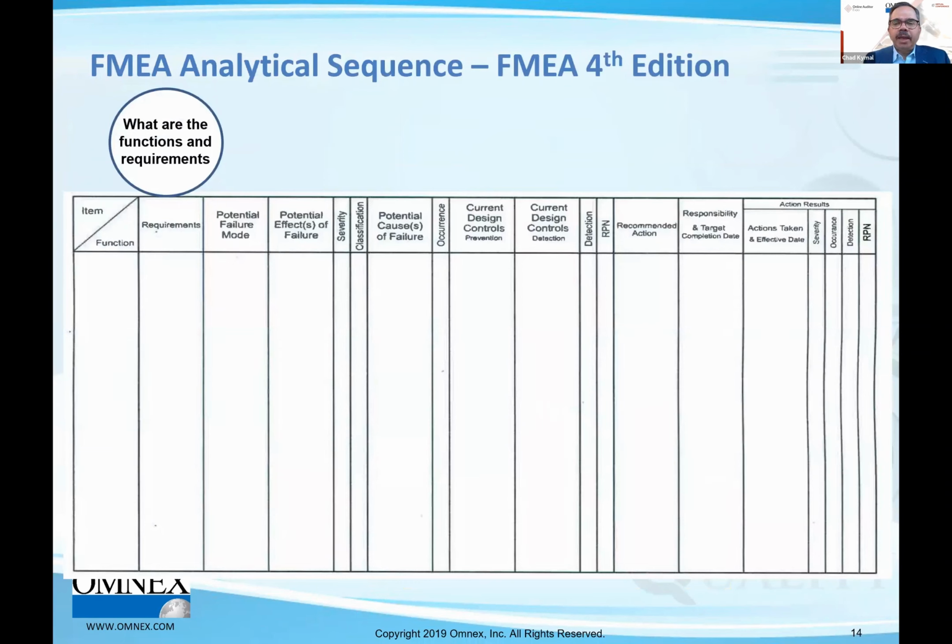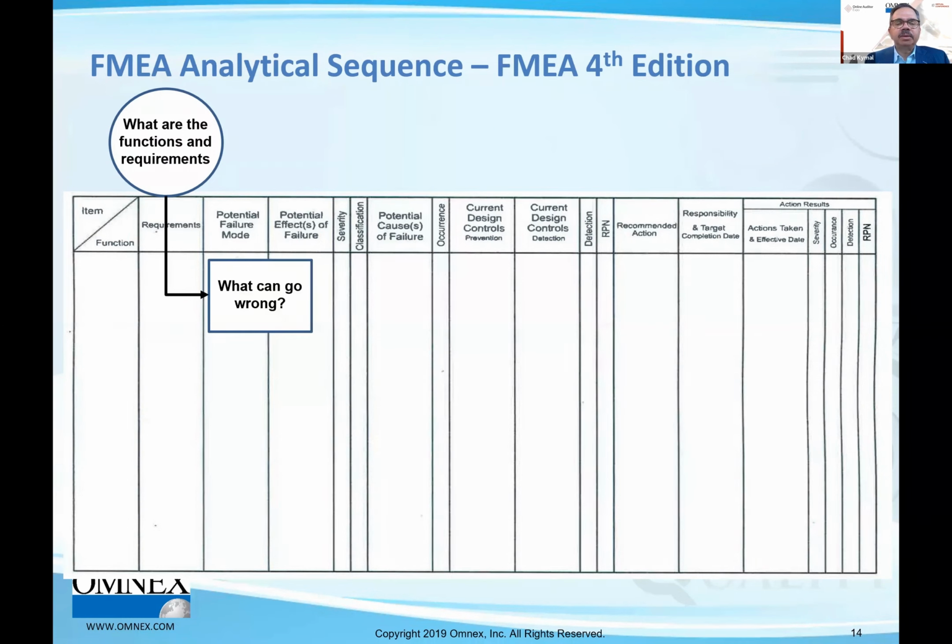Before we go on to the AIAG-VDA, let's try to understand how we thought of the 4th edition. So first, what did we do? We came up with functions and requirements. And folks, there are not 15 functions and requirements. Typically, just for the assessors, there's anywhere from 5 to 7 functions.